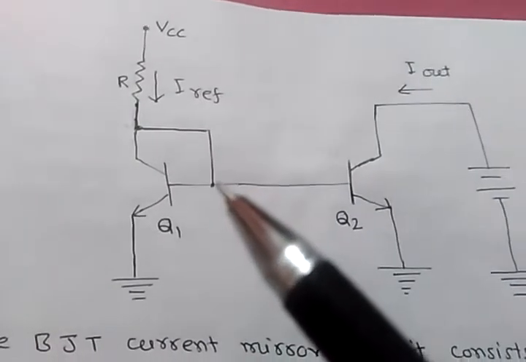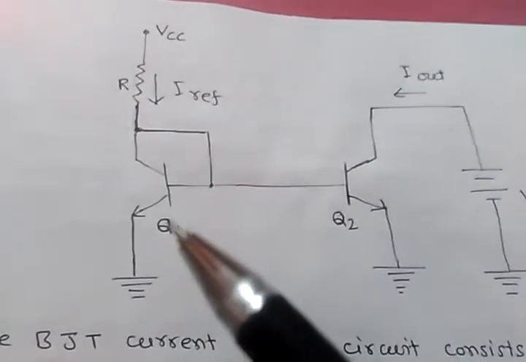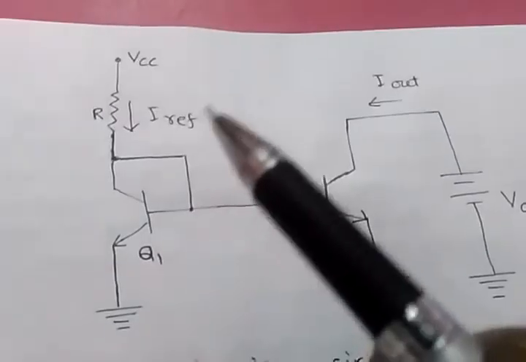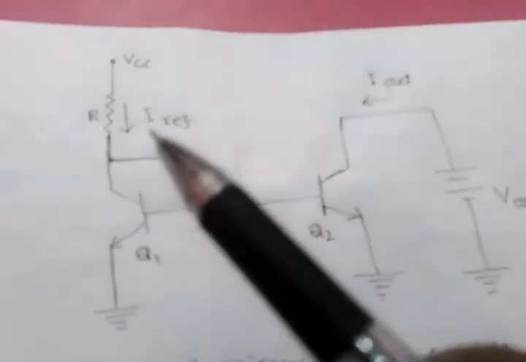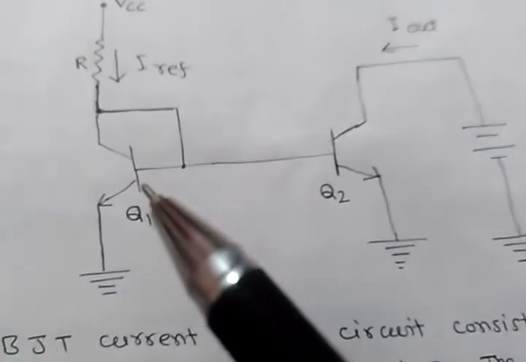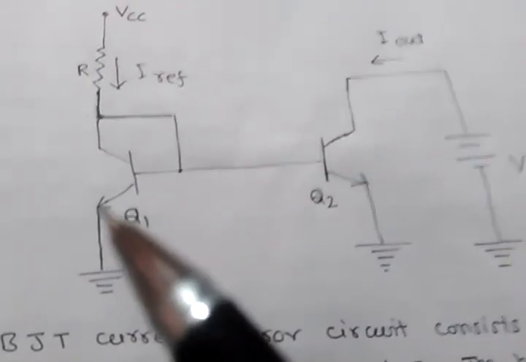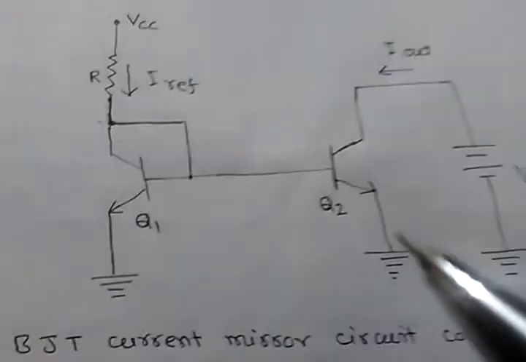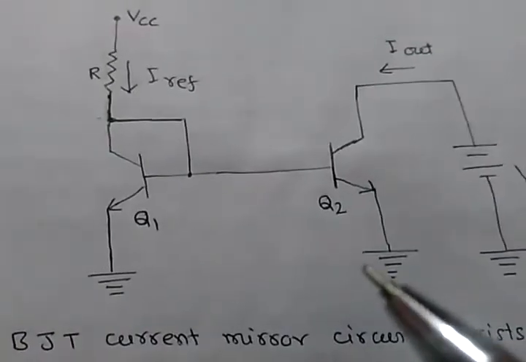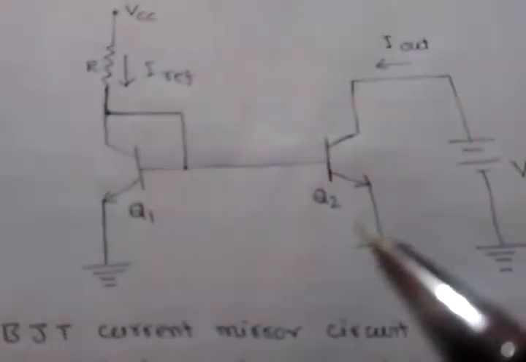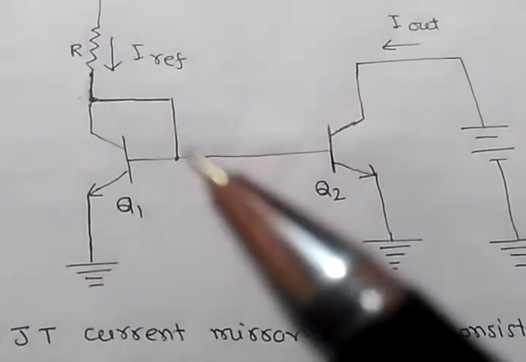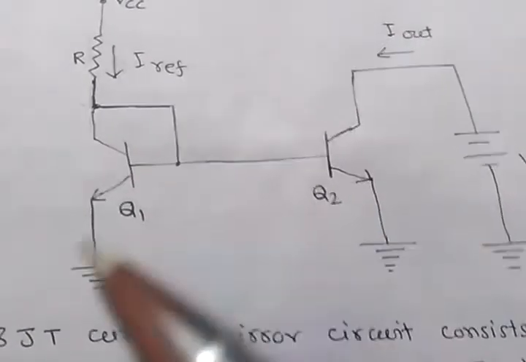So the base emitter voltage of transistor Q1 will be adjusted by the reference current, and this reference current is set by resistor R. Since base of transistor Q1 and Q2 are joined together, and emitter of Q1 and emitter of Q2 both are grounded, base emitter voltage of transistor Q2 will be the same as base emitter voltage of transistor Q1.